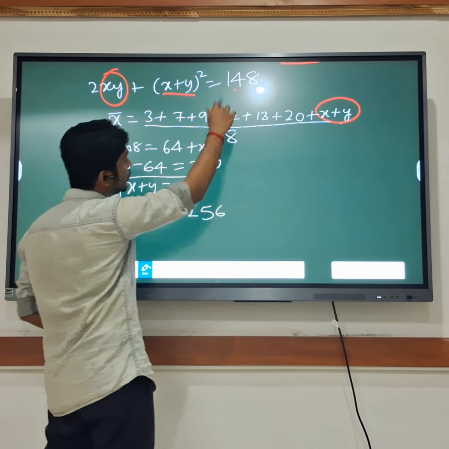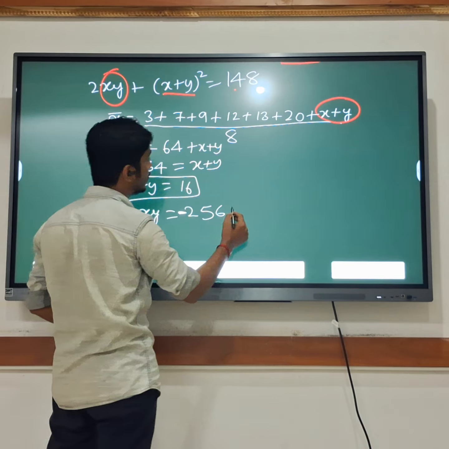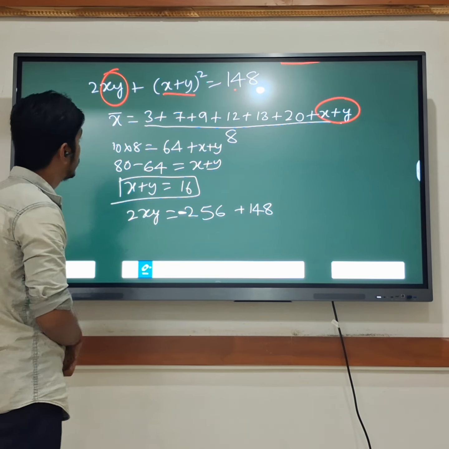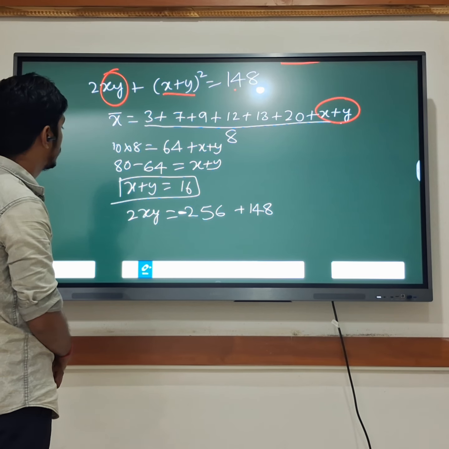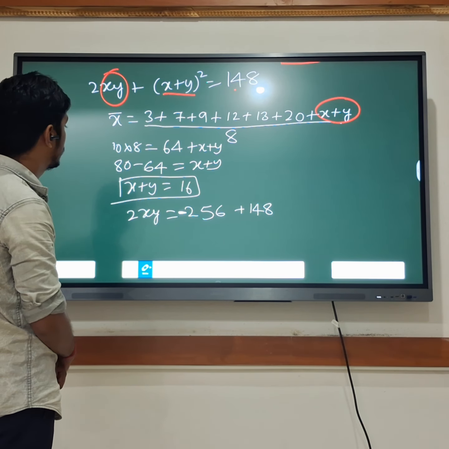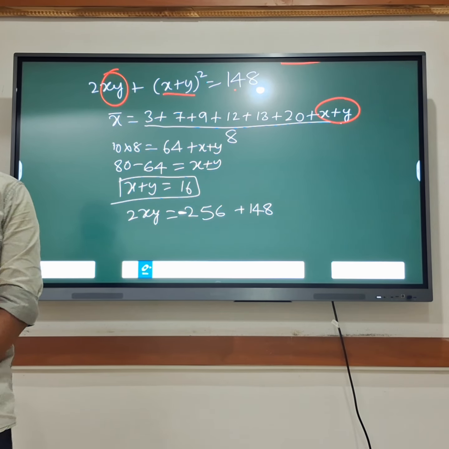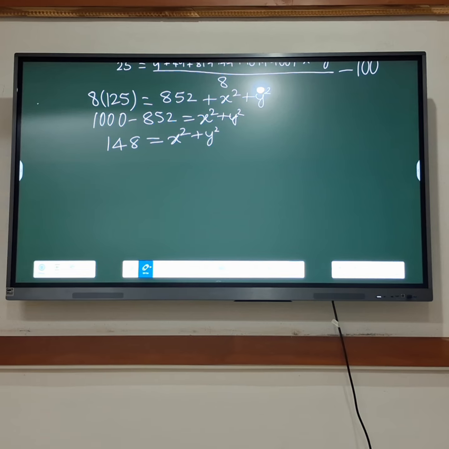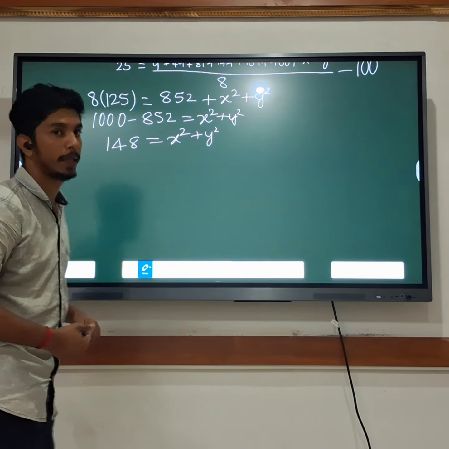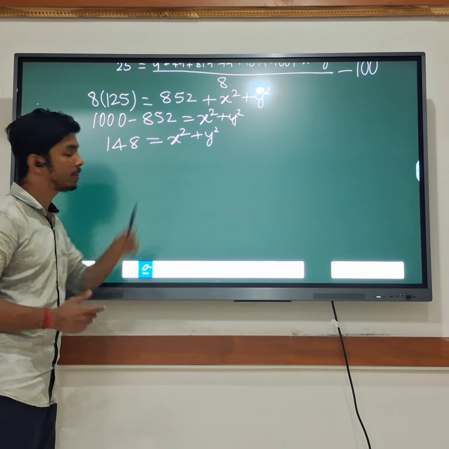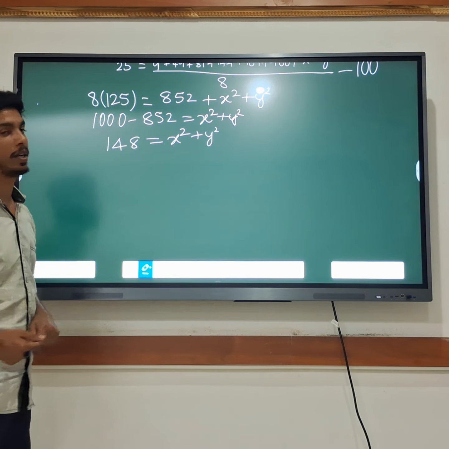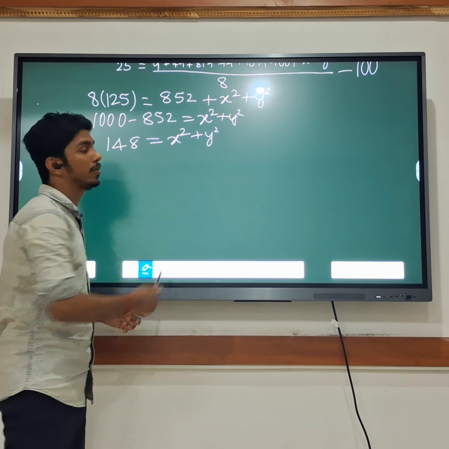This plus goes to the right side, meaning minus 256 plus 148. Yes. Now see, x square plus y square is equal to 148. We got x square plus y square.